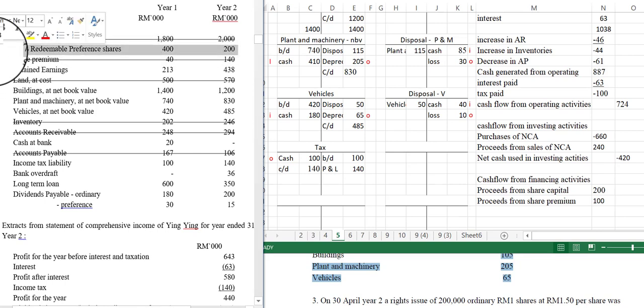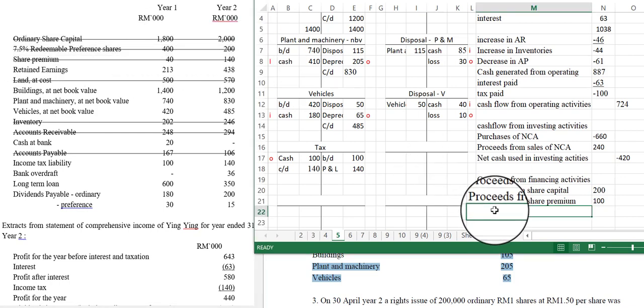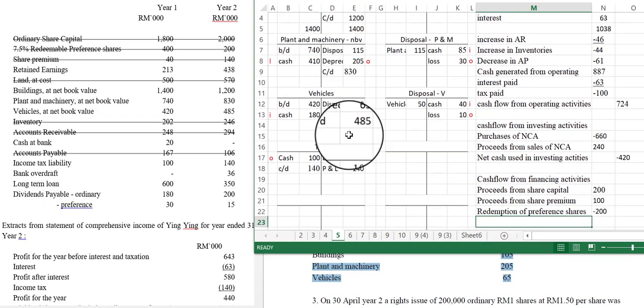And then you have redeemable preference shares from 400 to 200, which means they have redeemed back their shares. So it's a redemption of preference shares, so it's a minus 200. Then next you will have your dividend paid.